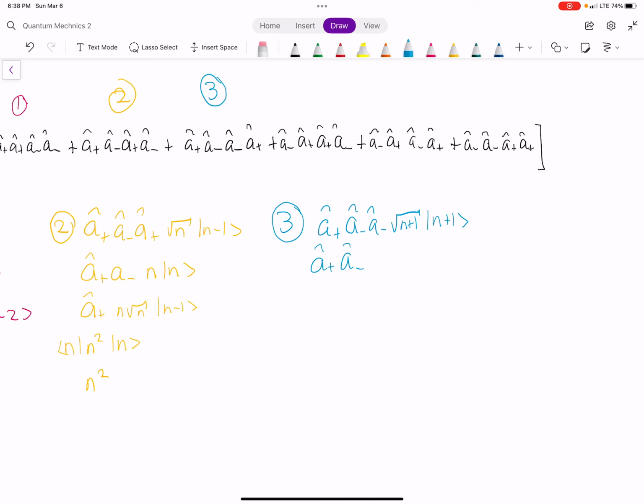So that'll bring it down 1. And then you'll get n plus 1. That's your new eigenstate. Right? Because you're just taking the square root of whatever the state is. And then A minus, that'll get you, so we have n plus 1, square root of n, and minus 1. And then when this acts on it, we're just going to get n times n plus 1. Cool. Call this 4.